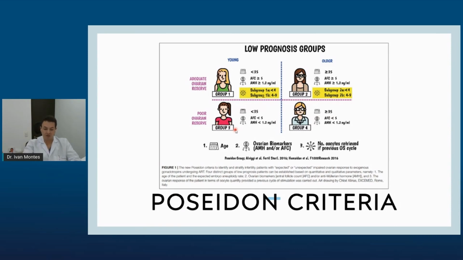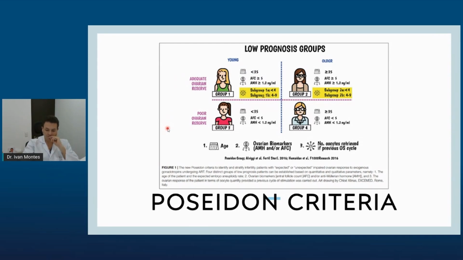In this classification, age and expected ovarian response classify patients as young or older. The ovarian biomarkers like antral follicle count and anti-Mullerian hormone classify them also into adequate or poor ovarian reserve.